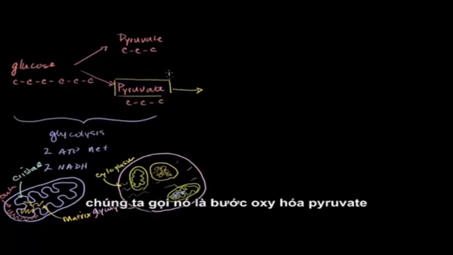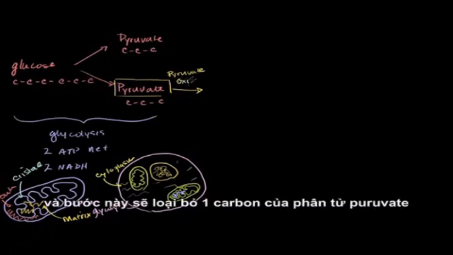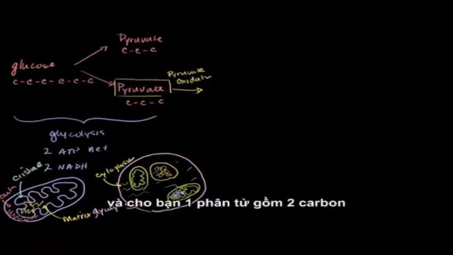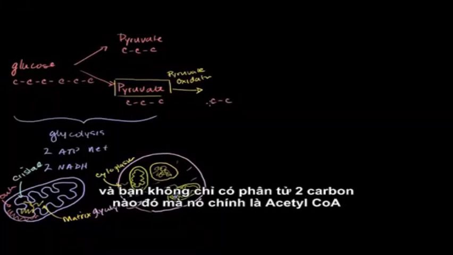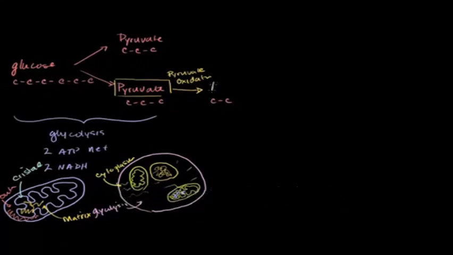We call that pyruvate oxidation. Essentially what it does is it cleaves one of these carbons off of the pyruvate. And so you end up with a 2-carbon compound. You don't have just 2 carbons, but its backbone of carbons is just 2 carbons, called acetyl-CoA.